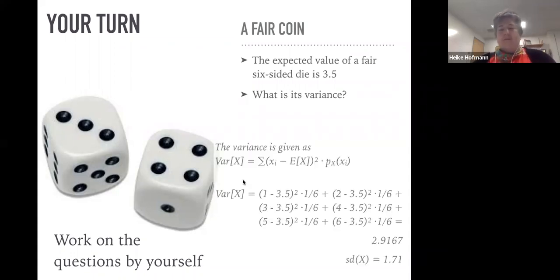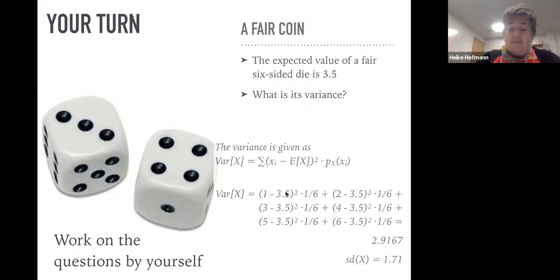So we've got the variance defined as the sum of all potential outcomes. We look at the outcome and its expected value. We square that difference, and then we multiply by the probability to see this particular outcome. So you can see here, we are listing all 6 potential outcomes, 1, 2, 3, 4, 5, 6.